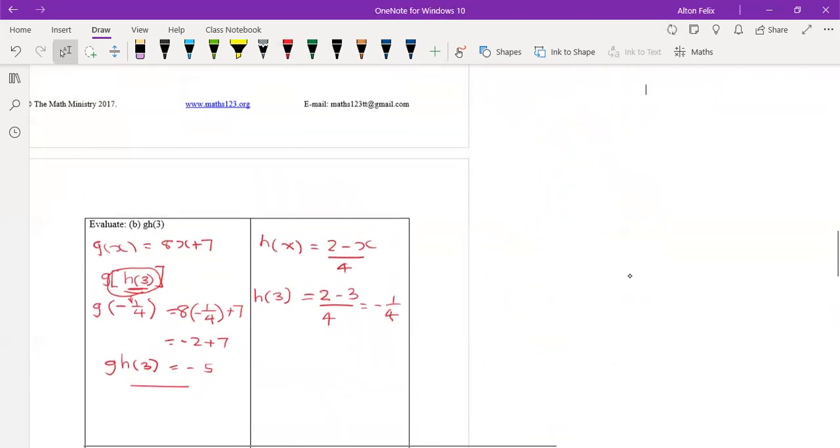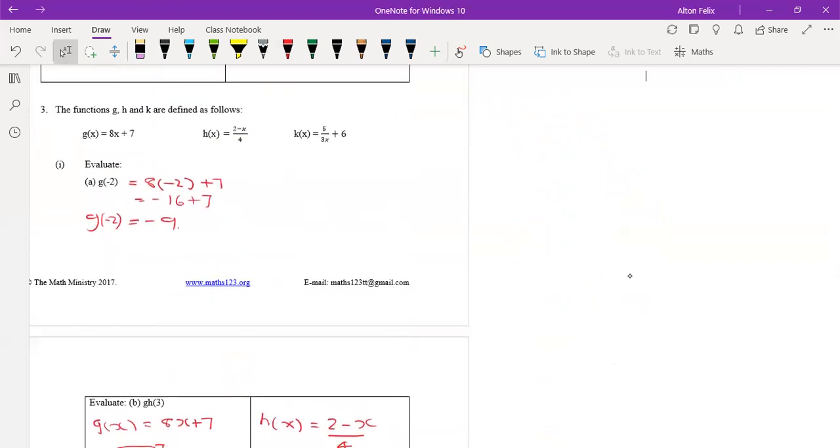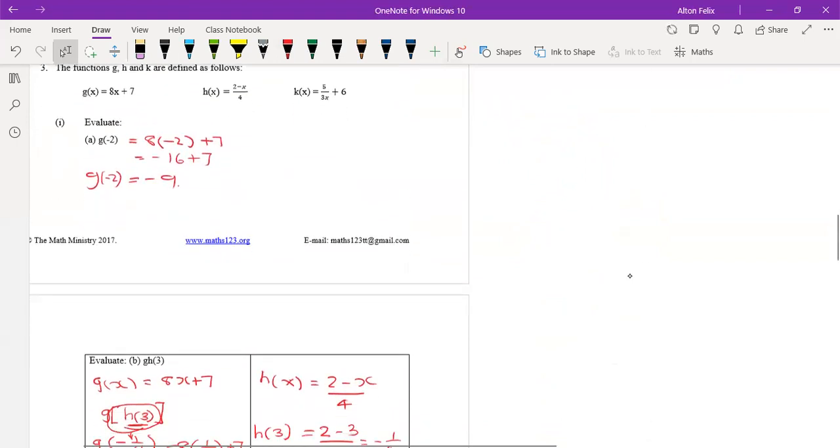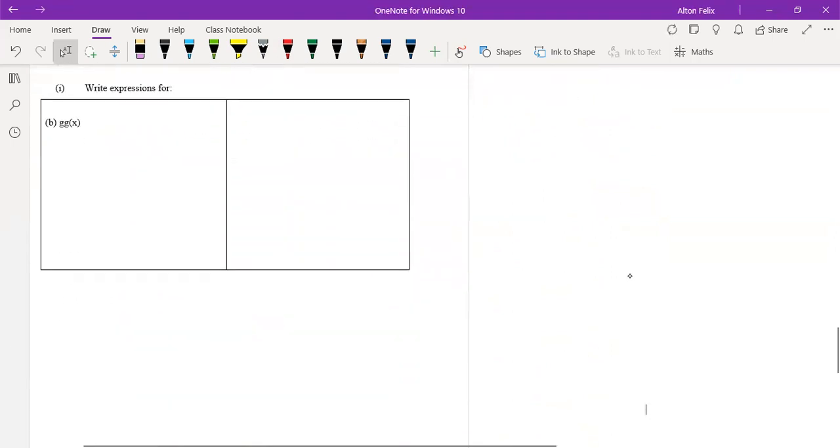Up there, our g function is 8x plus 7. So let's work out g of g of x, where 8x plus 7 is our g function.